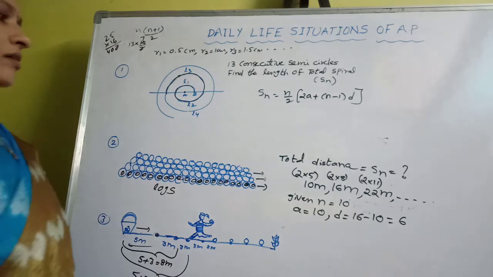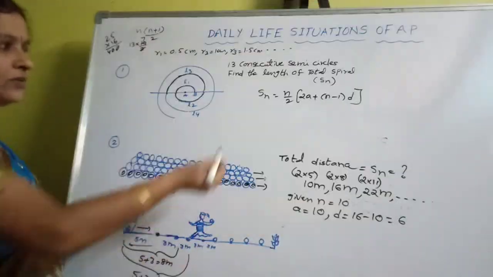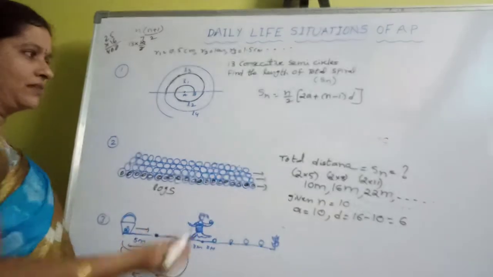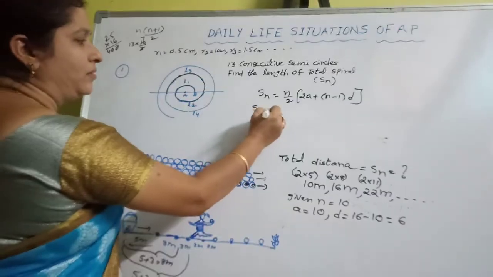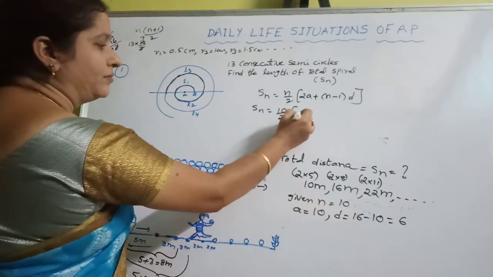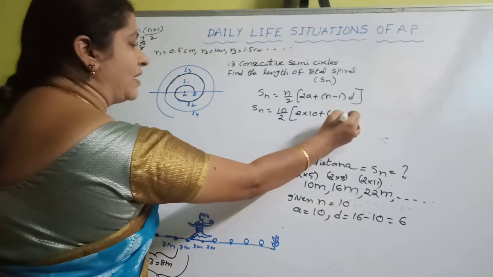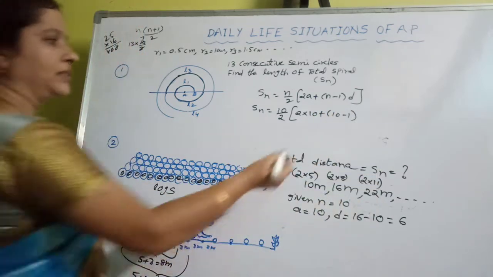Okay. So by using the a value, d value and n value, you can easily find out the Sn value. So Sn equal to 10 by 2 into 2a, 2 into 10, plus n minus 1, 10 minus 1 into d value, we got 6.